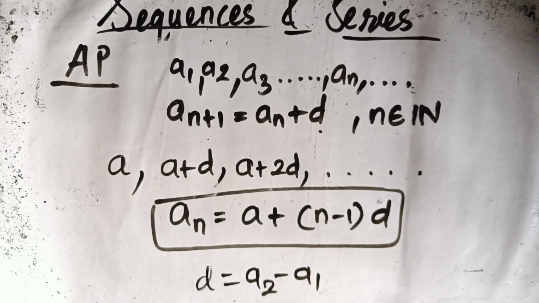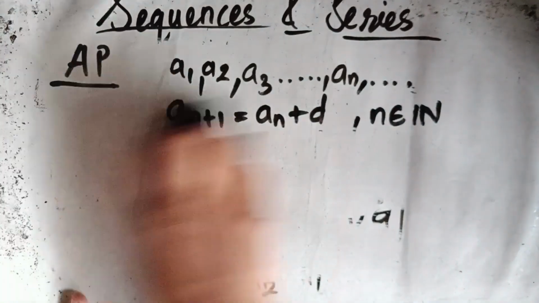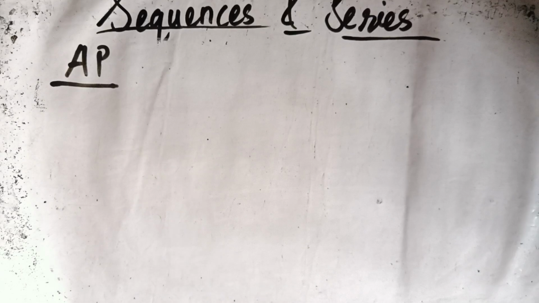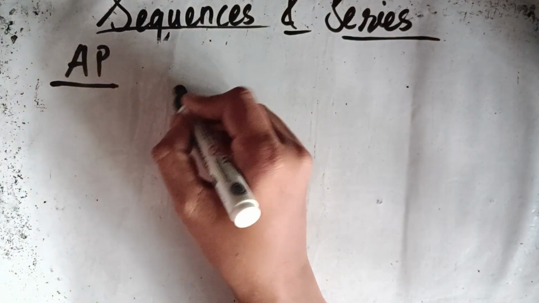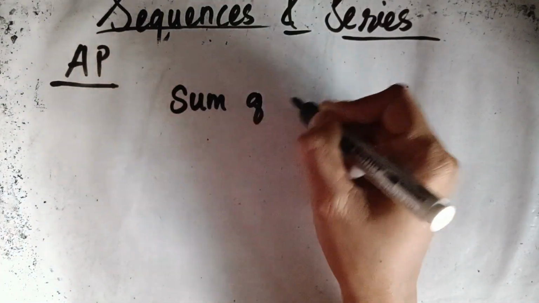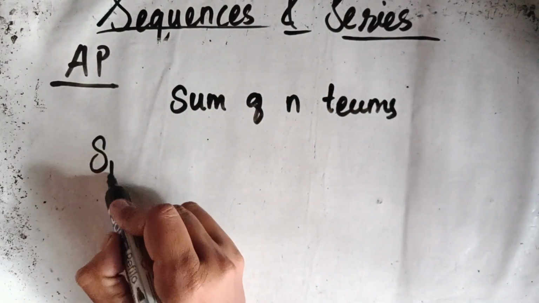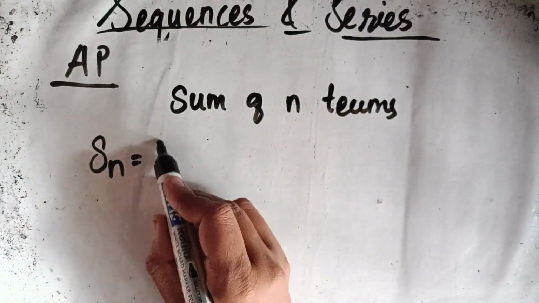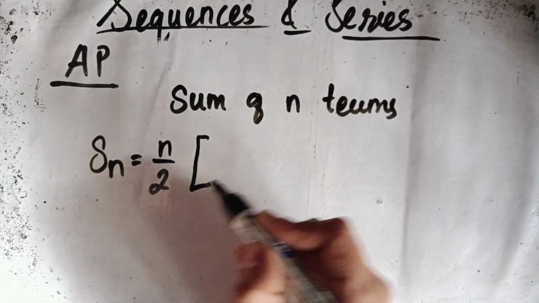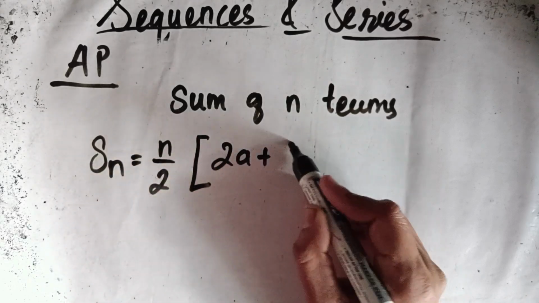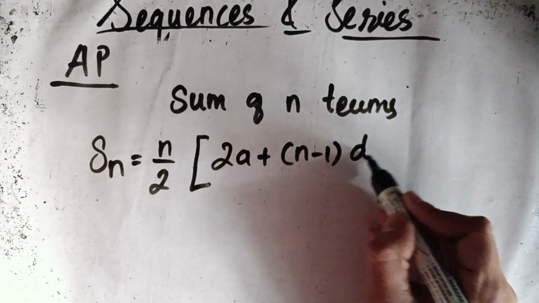Then we have Sn, which is the sum of n terms. an is the nth term and the sum of n terms is given by Sn equal to n by 2 into (2a plus (n minus 1) into d).